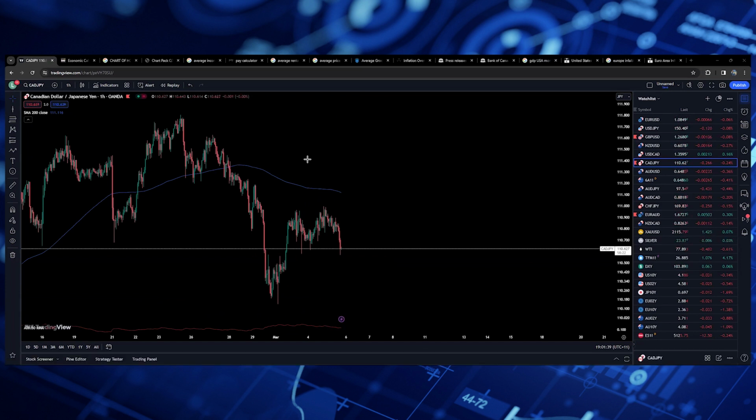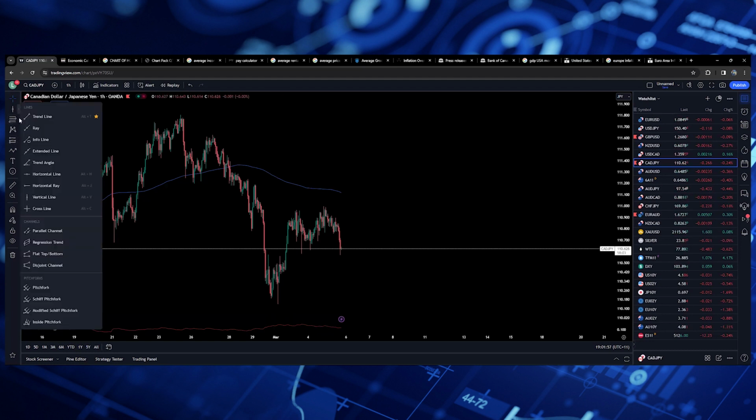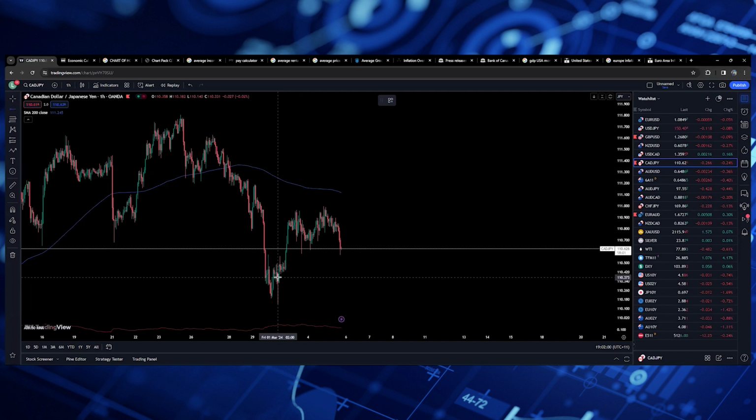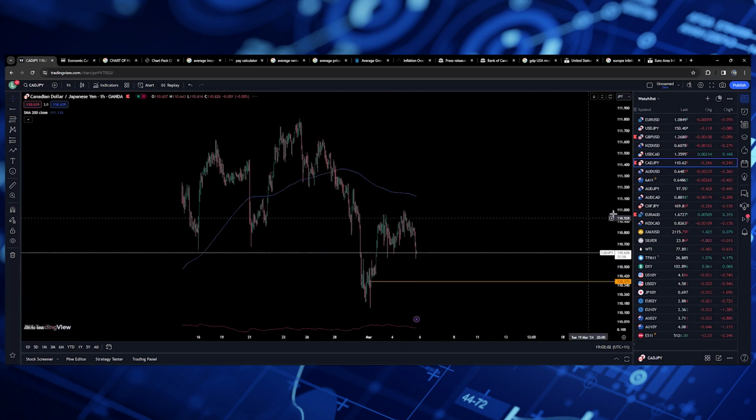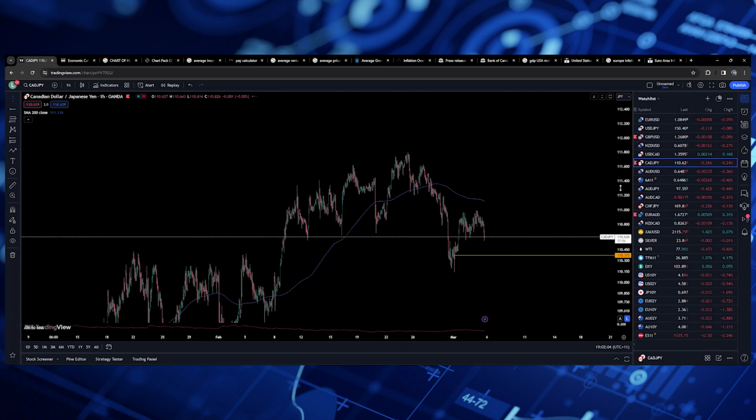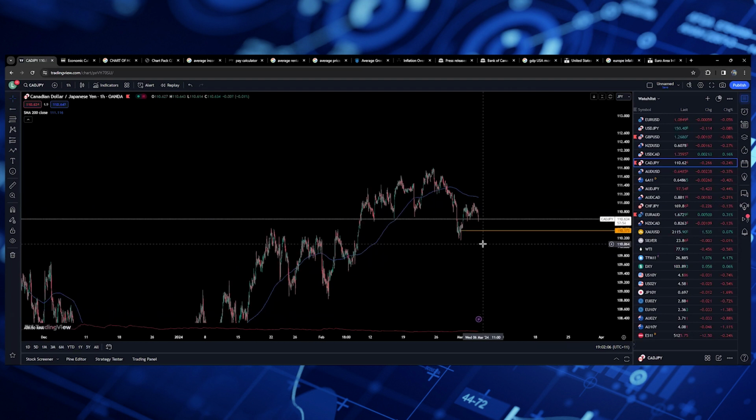CAD JPY seems a bit tricky at the moment, but on the 1st of March, somewhere here, we had a switch from 62% short. Okay, from here. So it feels like JPY is stronger.